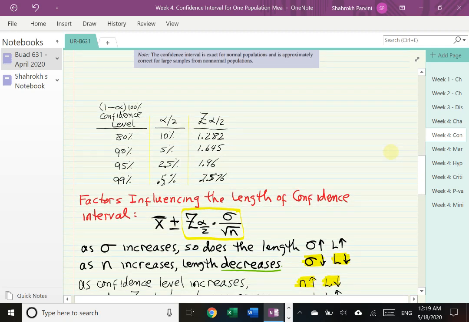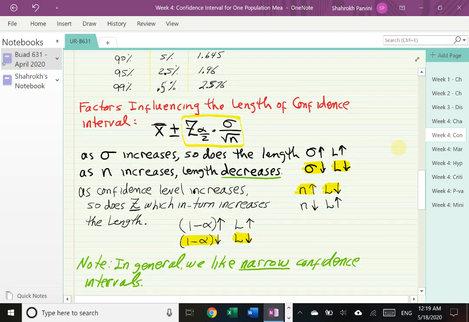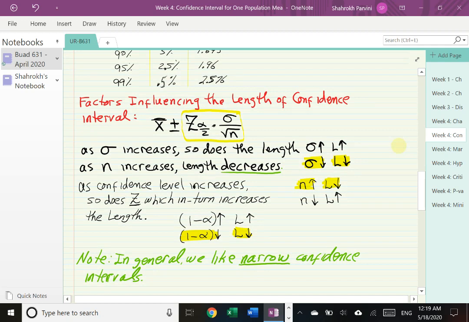Now, what factors influence the width of a confidence interval? That's what we're going to talk about. Here I have the list of it. And by the way, generally speaking, we would like to have narrow confidence intervals. The narrower, the better, because remember, we want to make a statement about the mean. So if I say, for example, the average rent in a given zip code ranges from $1,000 to $5,000, that's not really informative because there's such a wide range.